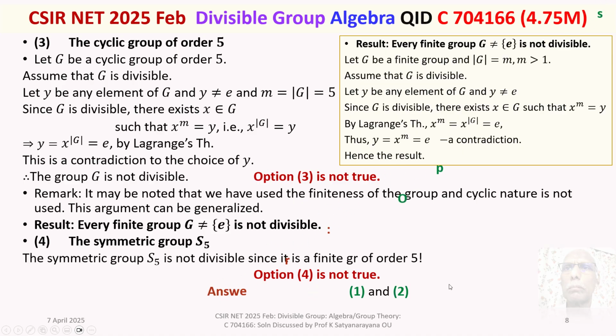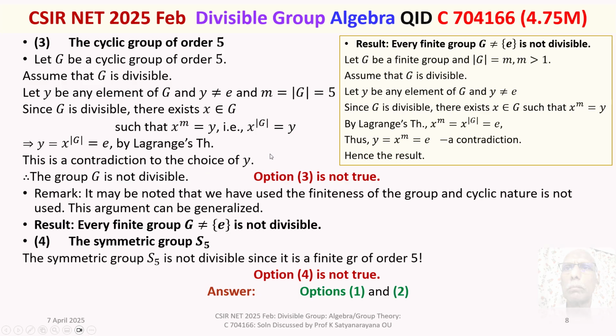That is the detailed discussion of the solution of this problem. In this, we have used only Lagrange's theorem. But otherwise, the question is completely based on the given definition.